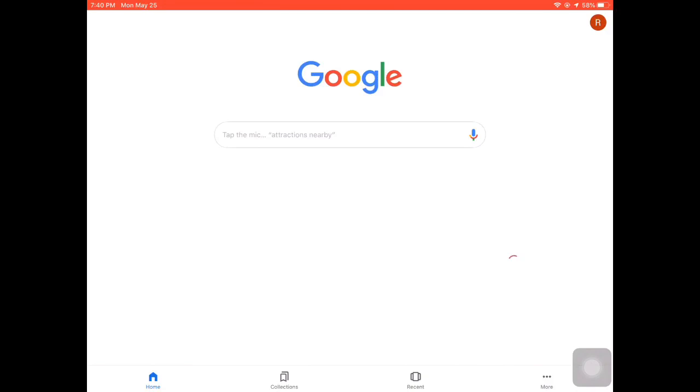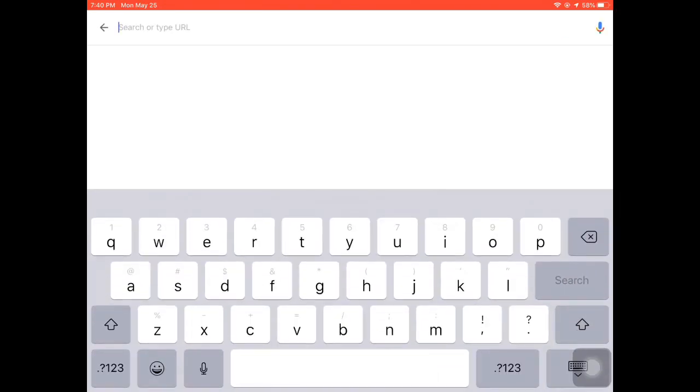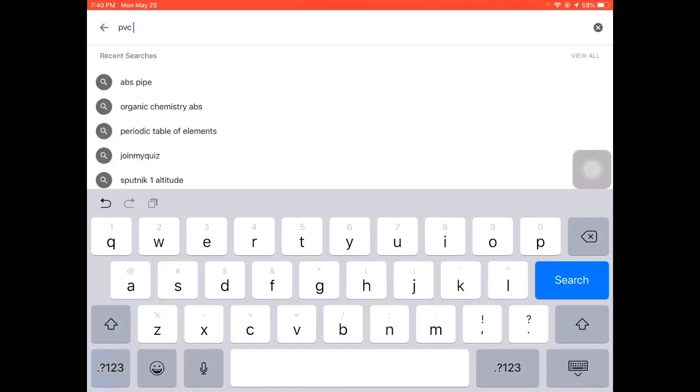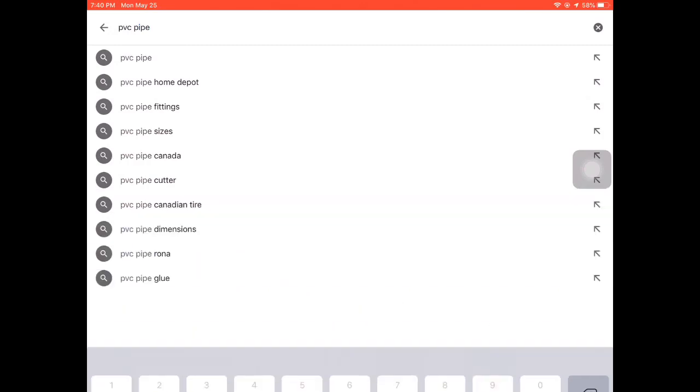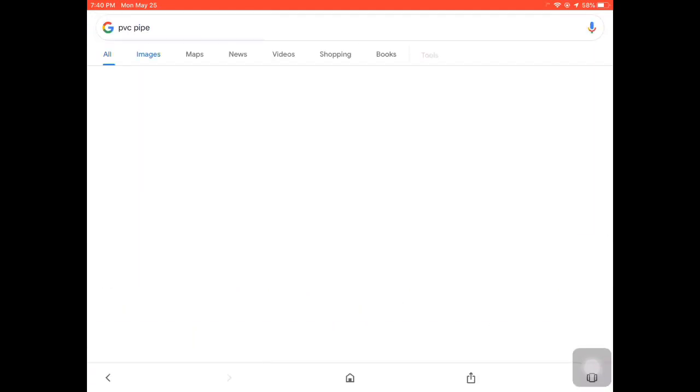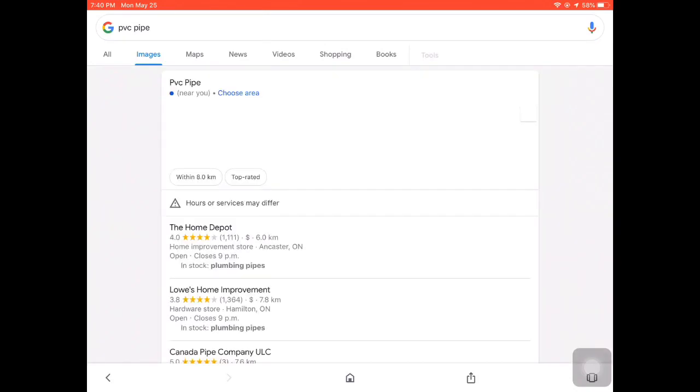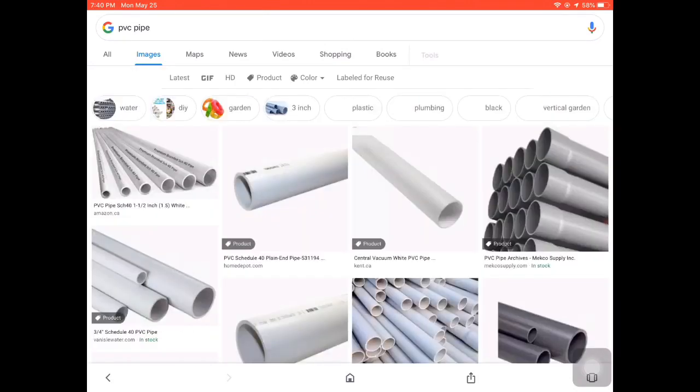Look for PVC pipe and look for images. We'll see lots of examples of PVC pipe, and it's used for all kinds of things.